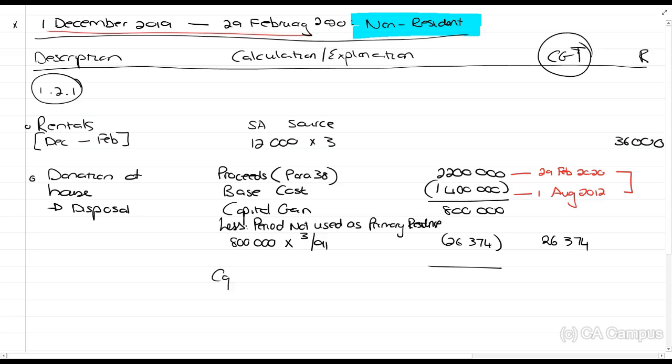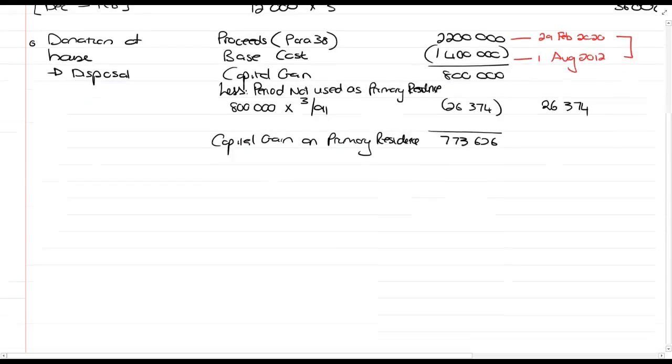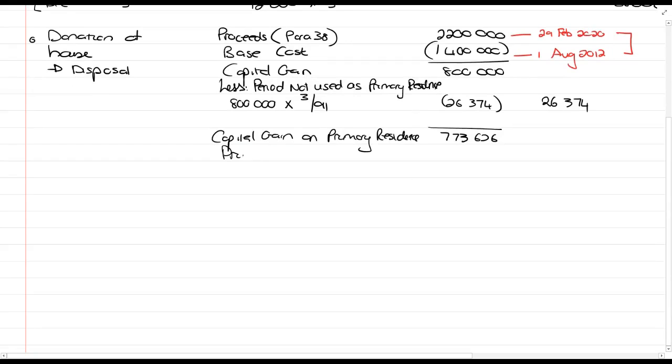This leaves us with the capital gain on the primary residence. So of that 773,626, you can now get the primary residence exclusion, limited to 2 million.